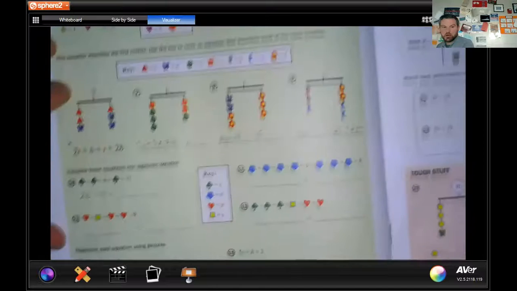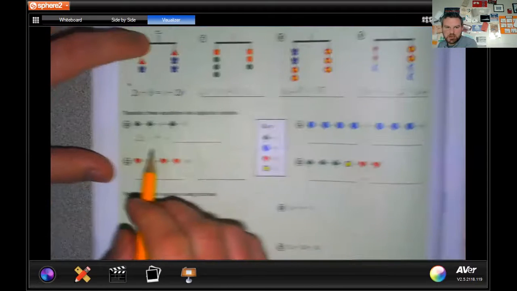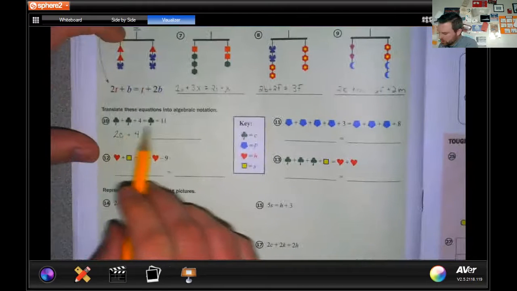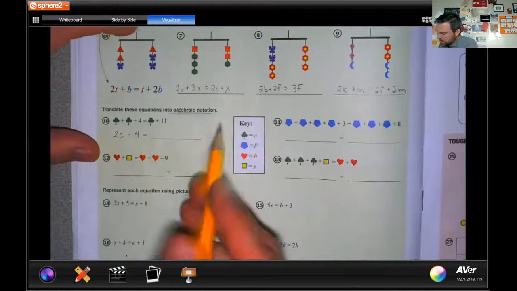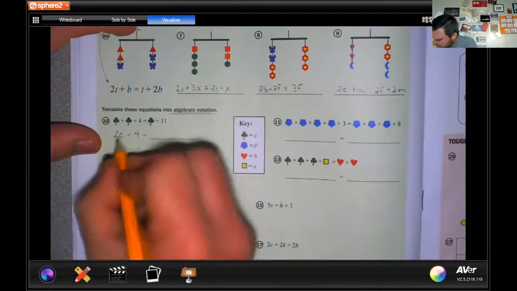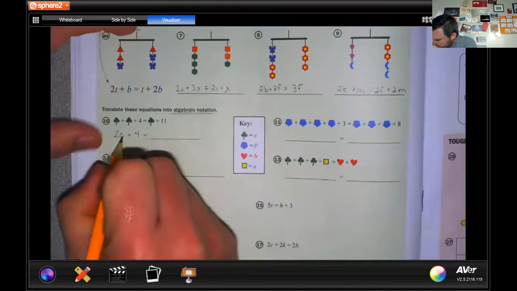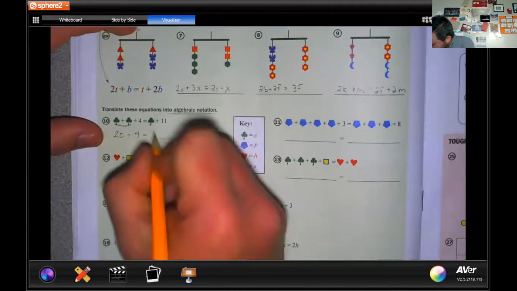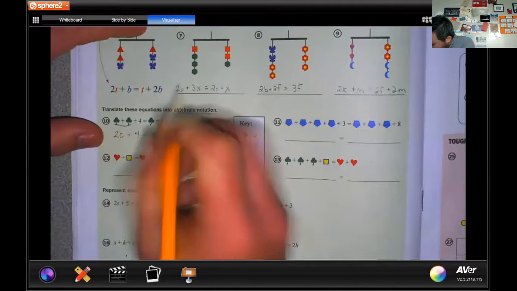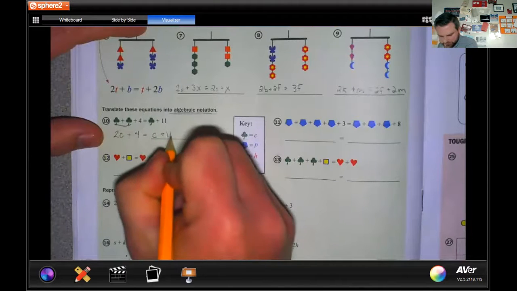Okay, and here we can translate these equations into algebraic notation. Again, we're getting rid of the shapes and we're putting in some algebra. So it has 2c, which is clover, plus 4. So 2 clover plus 4 equals 1 clover plus 11.